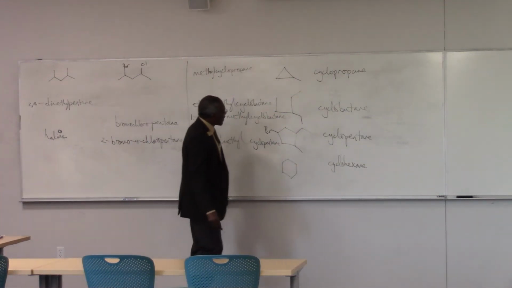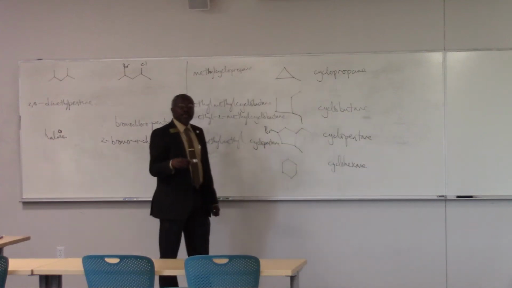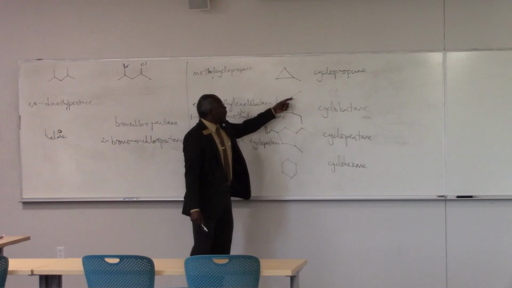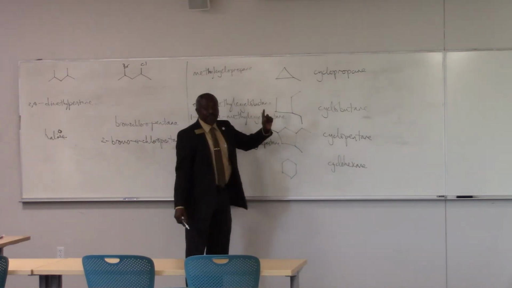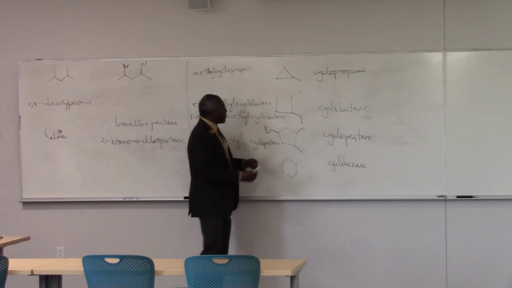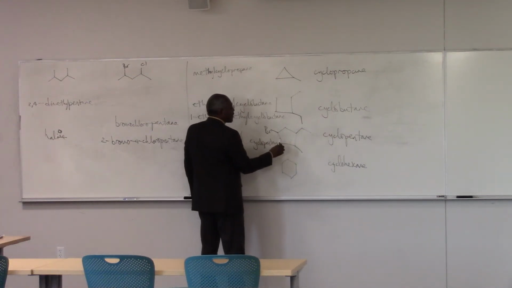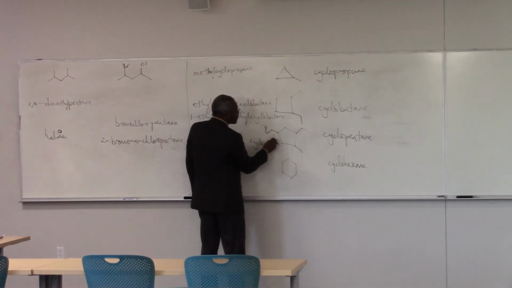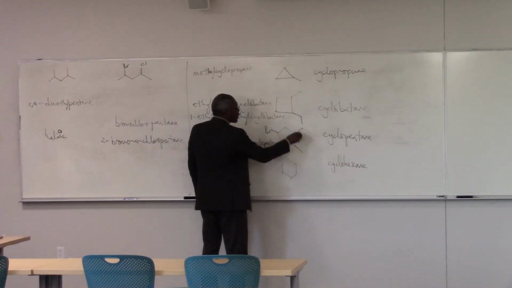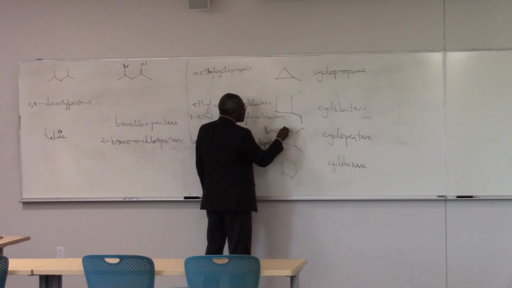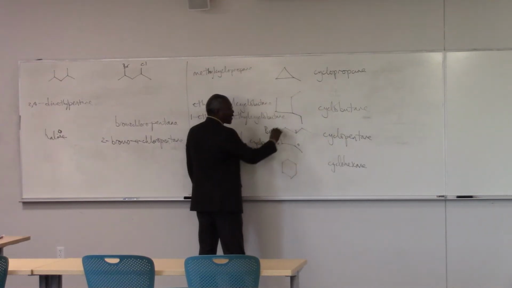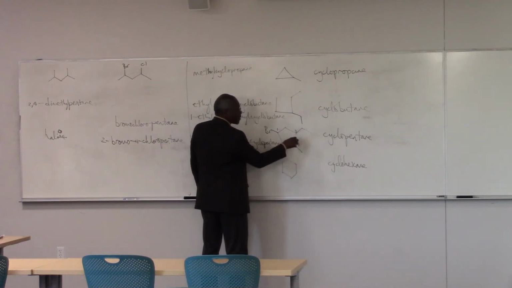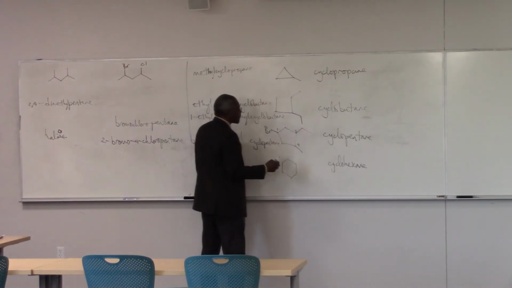Well, I want to get the smaller sum of locants. Because in this case, whether I'd gone 1, 2, or 1, 2, I've gotten the same number, the same sum of 3. But let's say I start here, and if I go clockwise, I'll have 1, 2, 3, 4, which gives me a sum of 8. If I go anti-clockwise, it's 1, 2, 3, 4, still the same sum of 8.